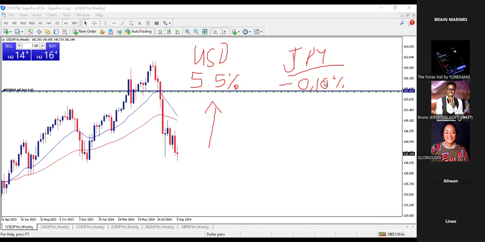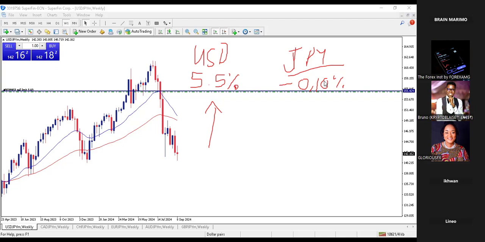A lot of money was made with these pairs for the last 2 years, just buying and holding, in other words selling the yen against all these major currencies. It has been the easiest trade any trader of any level could have gone into.